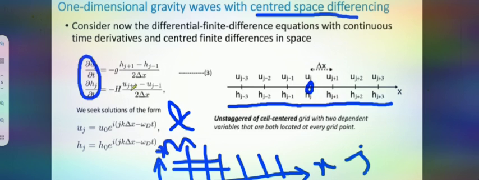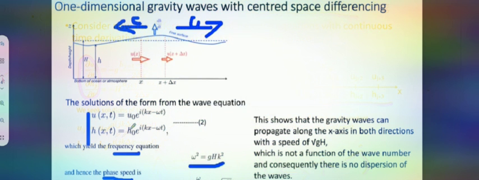So now, for this kind of equation, what should be the form of the solution? Look back. Previously, this is the solution, the analytical solution.